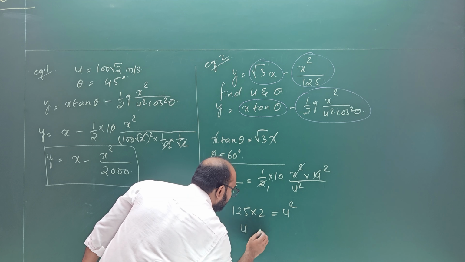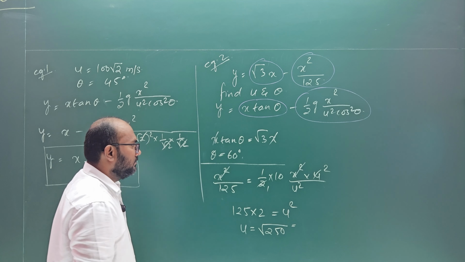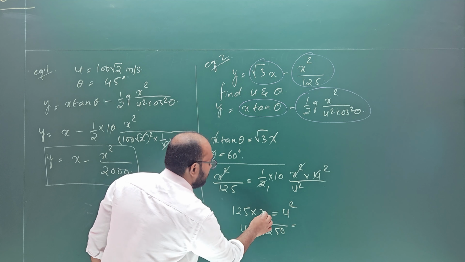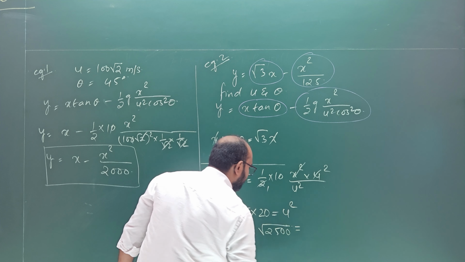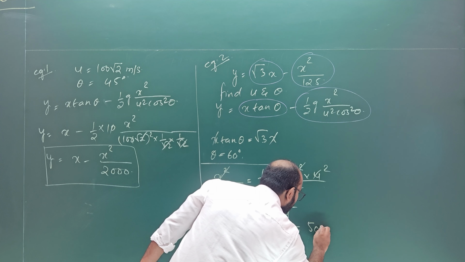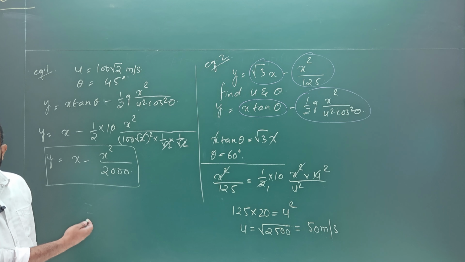So u is nothing but the root of 2500, that is 50. So u is 50 meter per second. If you want to write, you can write now. Now the question is like this.